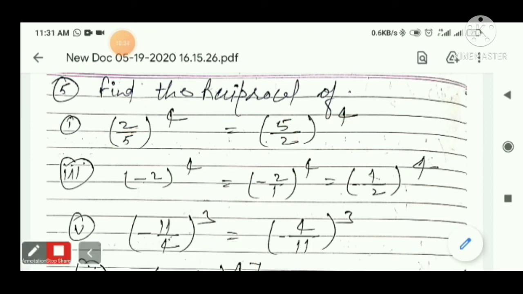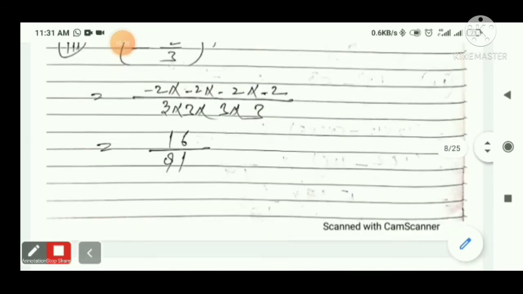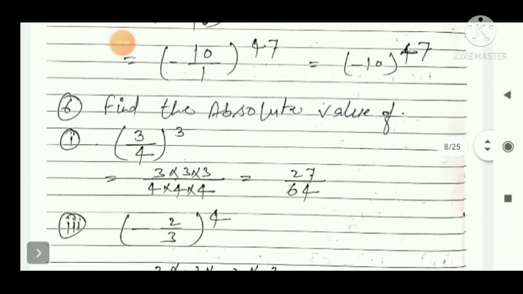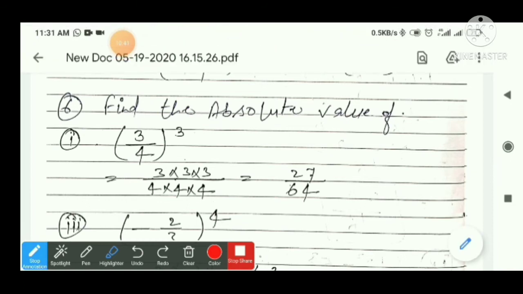Okay, so please look at the question number 6. Find the absolute value of 3 upon 4 raised to the power 3. So students, we will multiply 3 times of 3 upon 4: 3 upon 4 multiply 3 upon 4 multiply 3 upon 4.